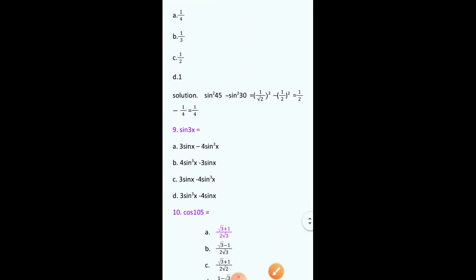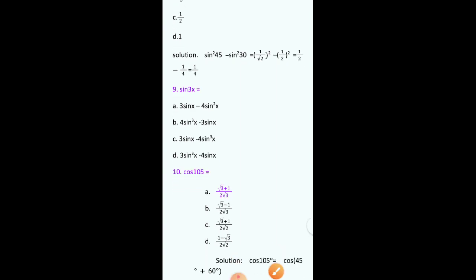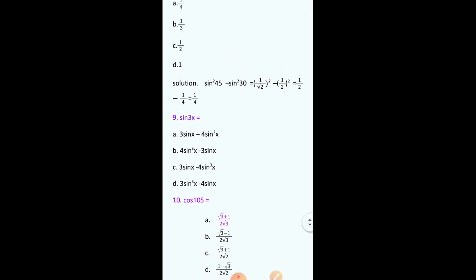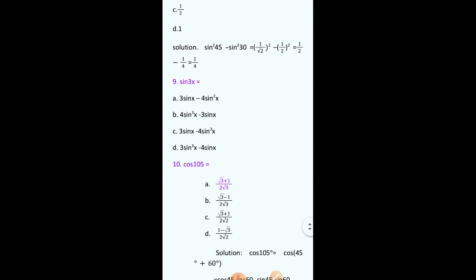And the last question is cos 105 degree. We have 4 options. Cos 105 is written as cos (45 plus 60 degree).